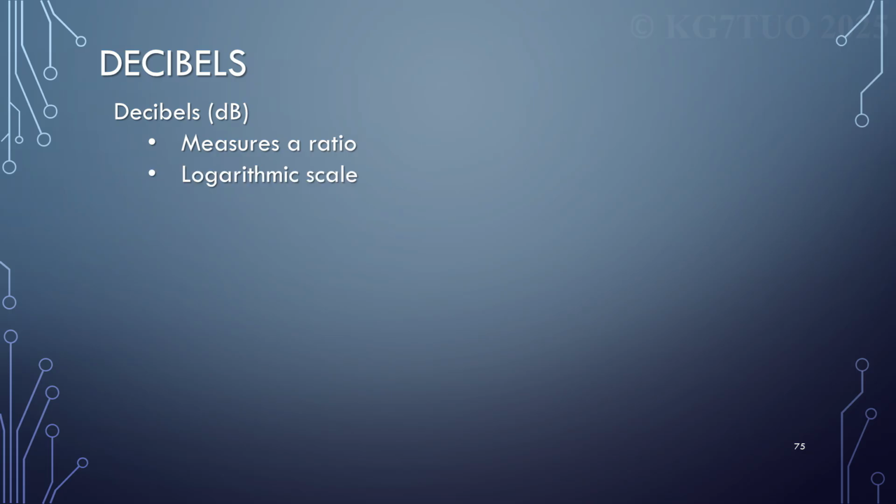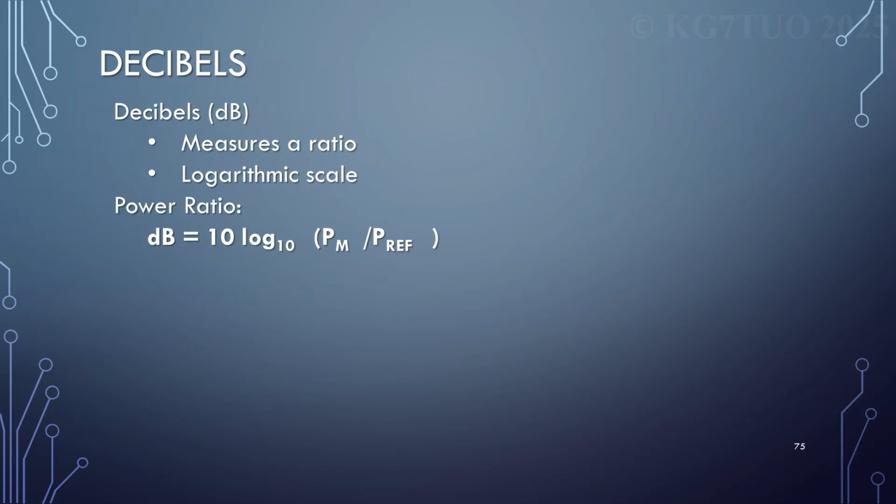It's a logarithmic scale. You've got a linear scale that's just a straight line going up or down. Then you've got exponential, which gets steeper and steeper. Then you've got logarithmic. So logarithmic power ratio: dB, or decibels, equals 10 log 10.